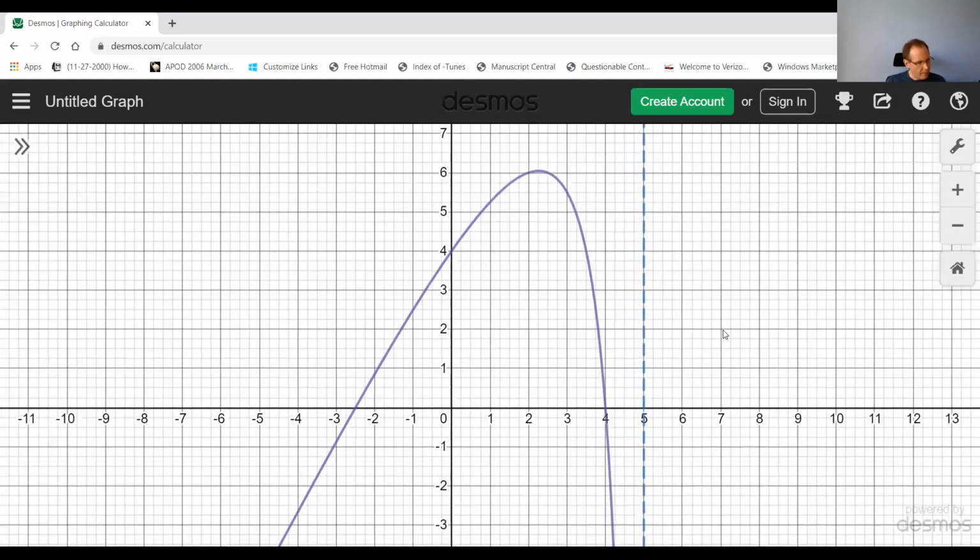Okay, let me describe now the behavior of the graphs near the vertical asymptotes. We talked a little bit about this a couple of graphs ago, but let me do this more carefully. Okay, so behavior of graphs near vertical asymptotes.